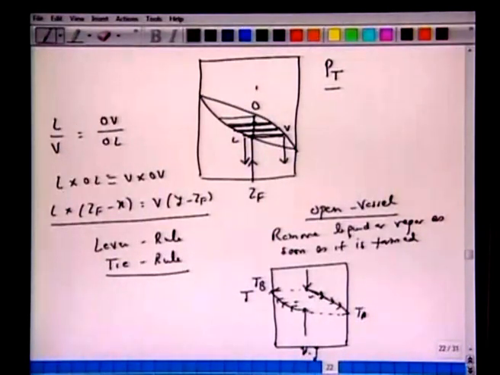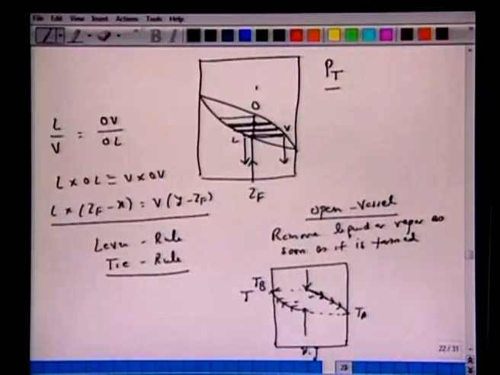Now what we will do next is we will show that this Txy diagram one can also calculate or obtain from Raoult's law. So experimental observation is one thing. For most of the binary components, you look at Perry's handbook, or you look at Treybal's or McCabe-Smith, they have given this Txy diagram.